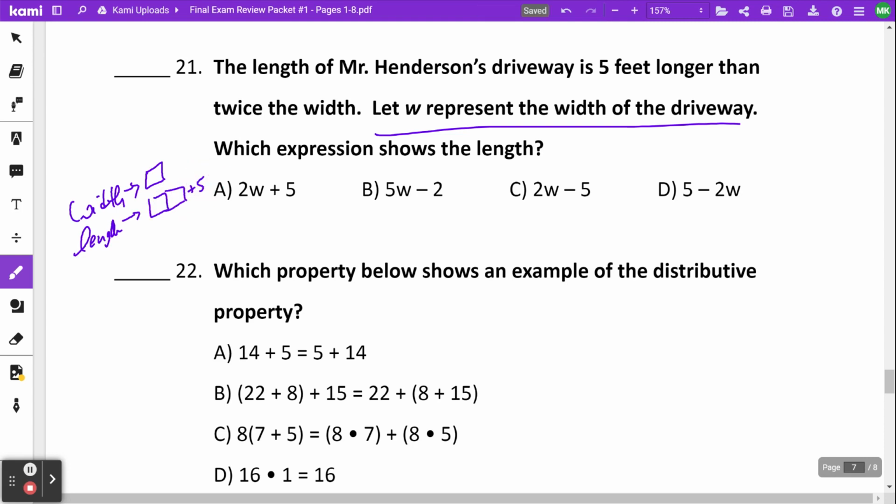So which one is that? That's got to be this one right here. Twice the width plus 5, because this is W, W, W. Which expression shows the length? I have 2 W's plus a 5. So 2W plus 5. There you go.